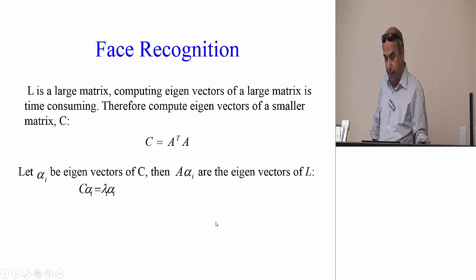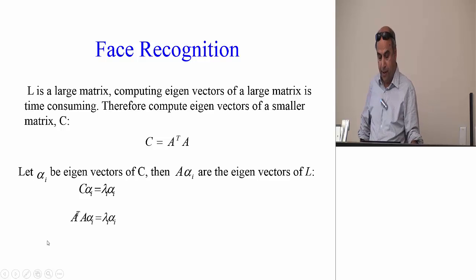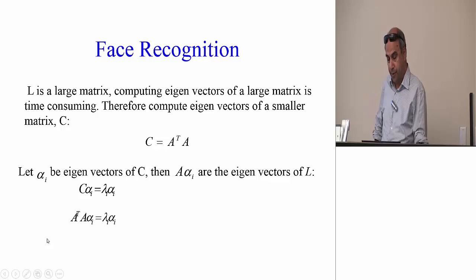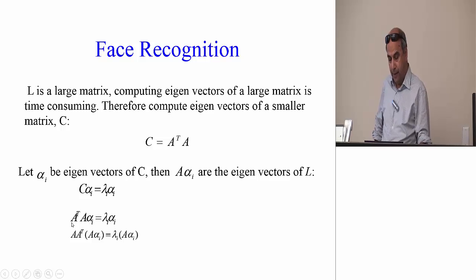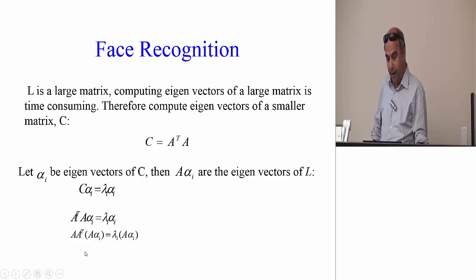Essentially, this is a definition: if alpha i is an eigenvector of C, then this is true, with this eigenvalue lambda. Then this is the definition of C, which is A transpose A. And if you multiply A on both sides, then we get A A transpose, and A alpha i, lambda i A alpha i.